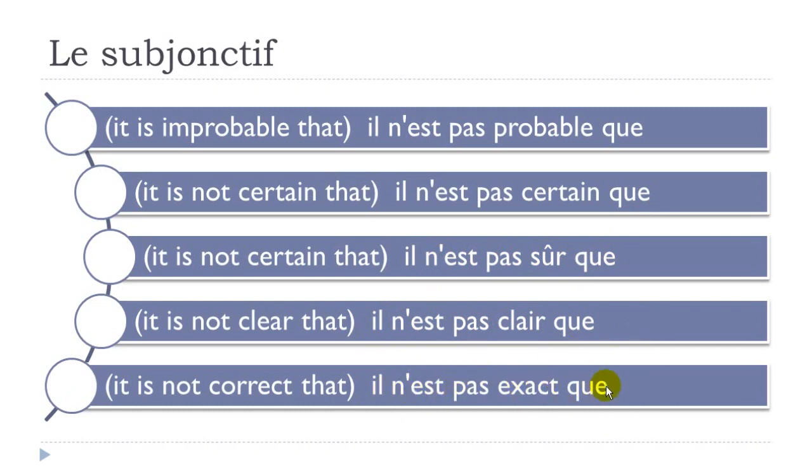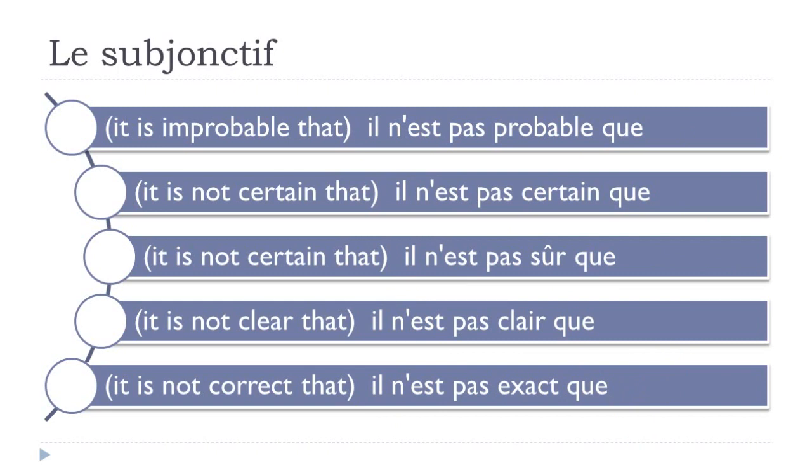Il n'est pas exact que. Okay, so one more time: il n'est pas probable que, il n'est pas certain que, il n'est pas sûr que, il n'est pas clair que, il n'est pas exact que. And after these expressions, you will have to use le subjonctif.